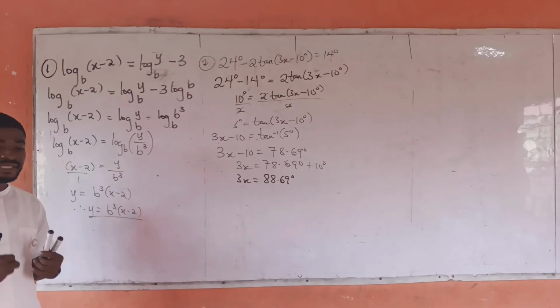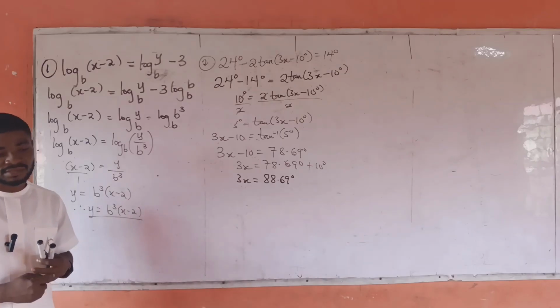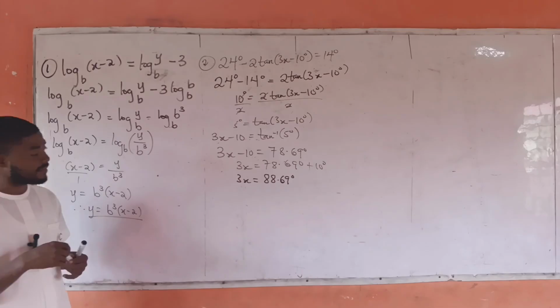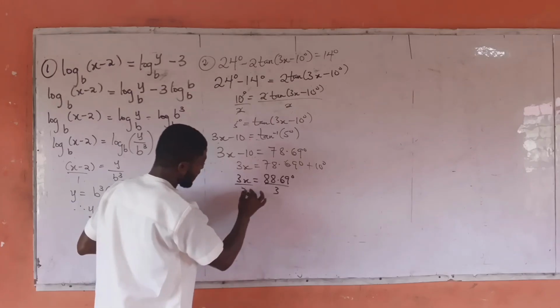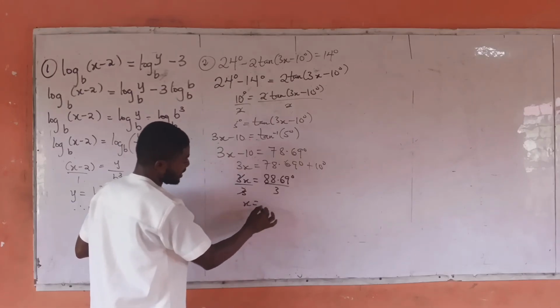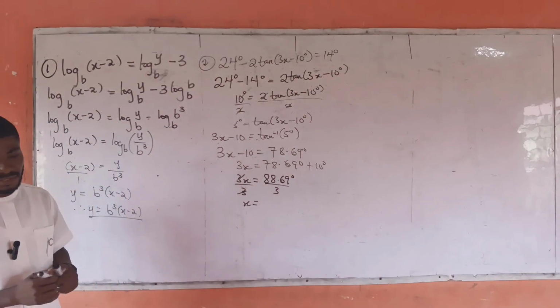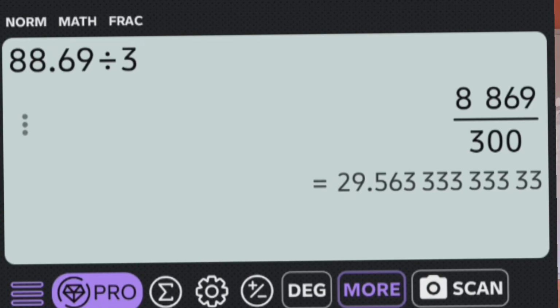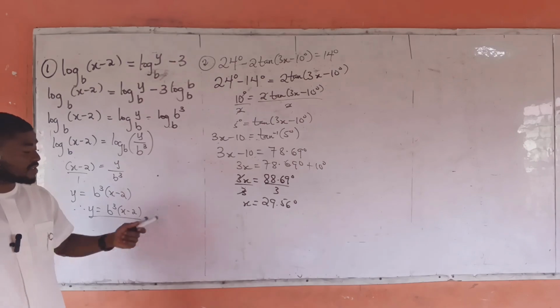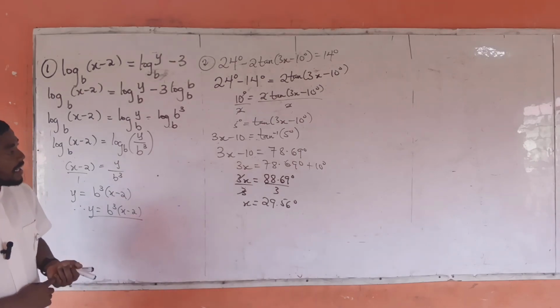And now you can see that is a bit closer to 90. Now we divide through by 3. And then x is going to give us 29.56. From the screen, you can see that 29.56 is what you get for x.